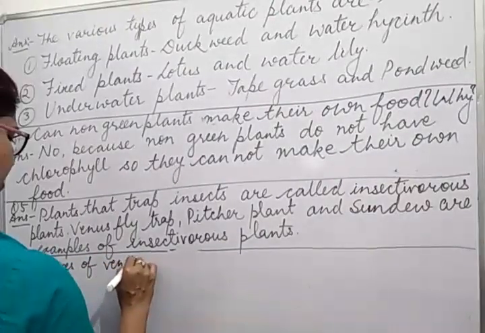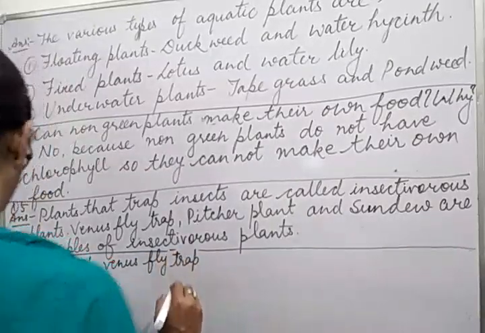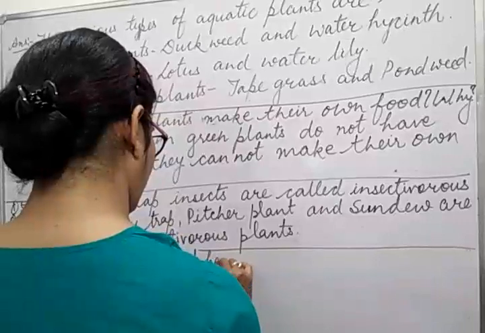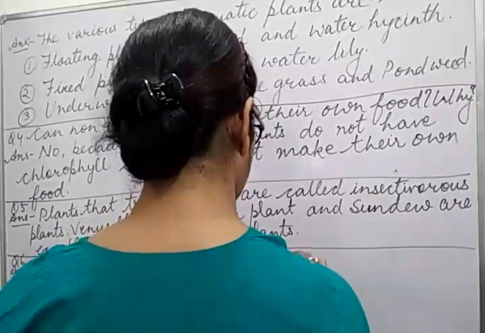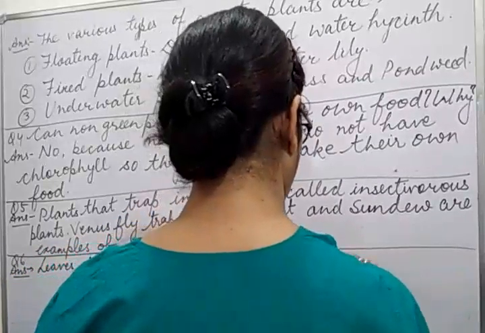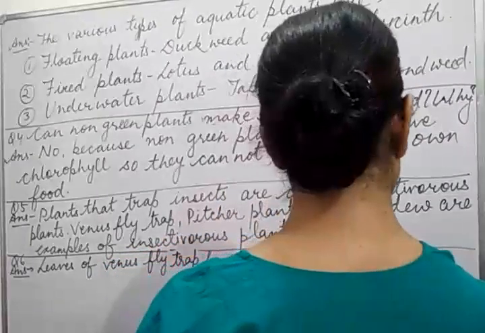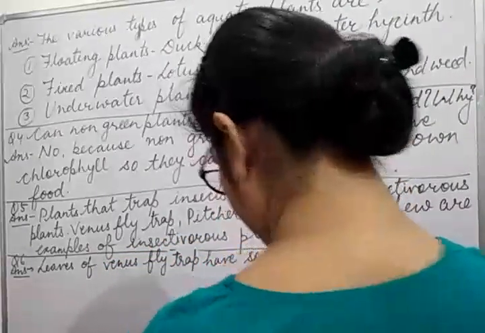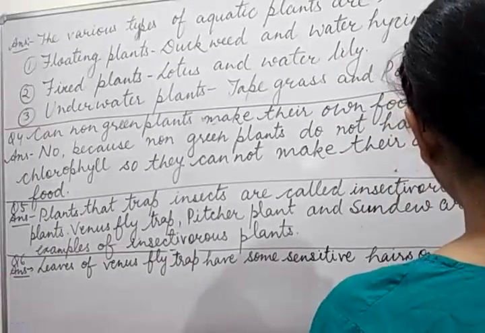Leaves of Venus flytrap have some sensitive hair on them.